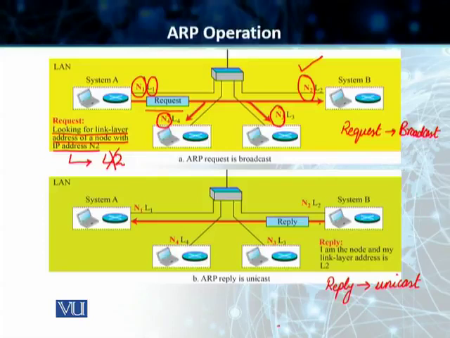Students, once system B receives it, it recognizes its IP address, and what it does is it actually creates an ARP reply. And in this case, this is no longer a broadcast.